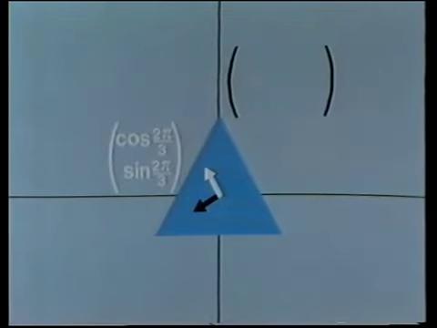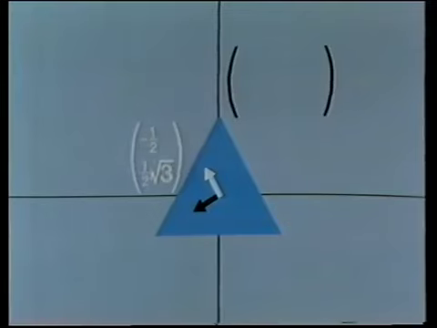Now we'll look at a different symmetry, a rotation through 2 pi by 3. This time, the image of the first basis vector is (cos 2 pi by 3, sine 2 pi by 3). That is, minus a half, root 3 over 2.